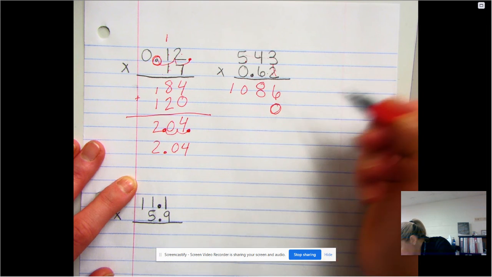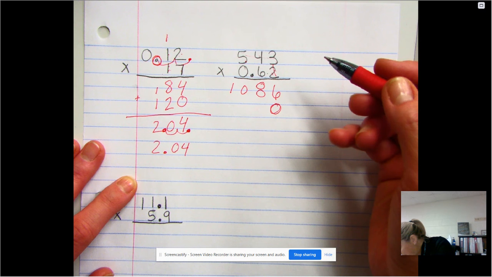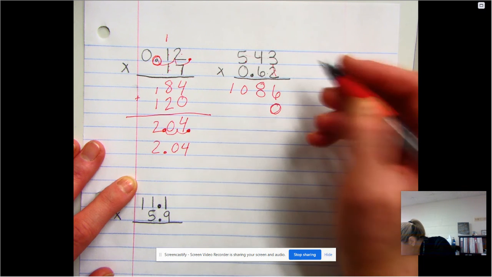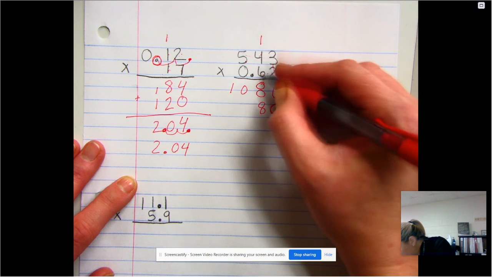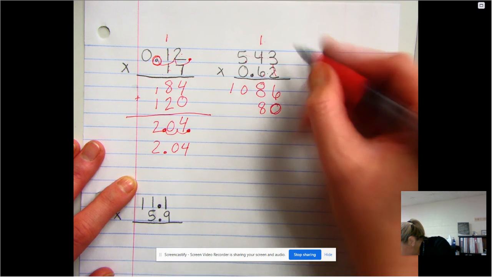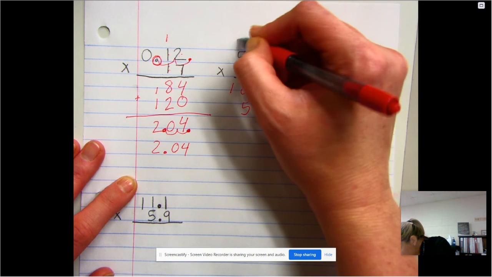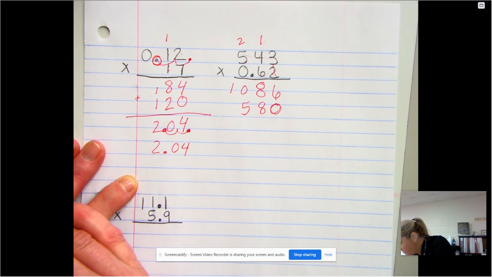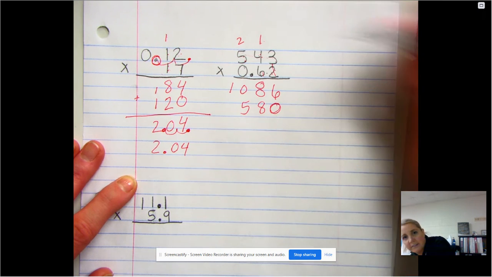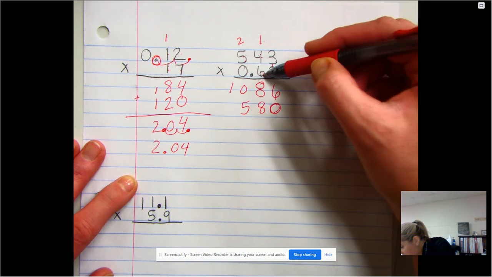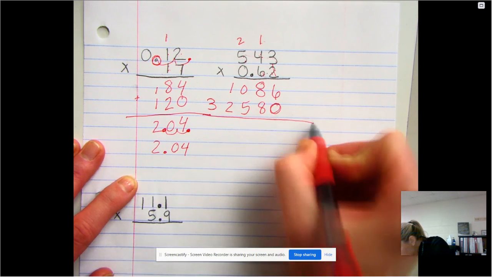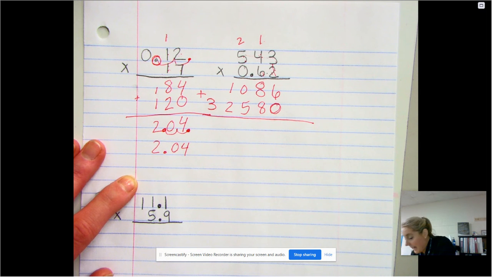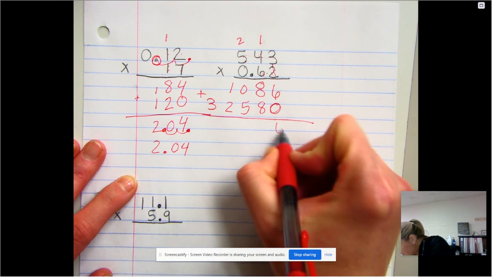Put down my placeholder 0, move to the 6. 6 times 3 is, carry the 1. 6 times 4 is, plus 1. I have another digit, so I need to carry that 2 over. 6 times 5 is, plus 2. I'm going to add those up.